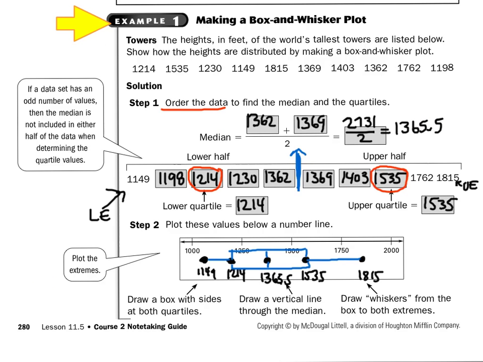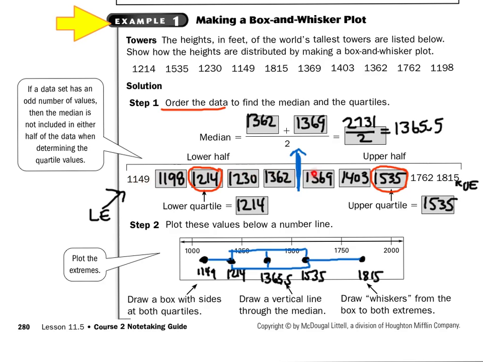Okay, so let's make one of these together, making a box and whisker plot. Towers. The heights in feet of the world's tallest towers are listed below. Show how the heights are distributed by making a box and whisker plot. Okay, so we know all the data items. Well, the first thing we have to do is order the data from least to greatest.